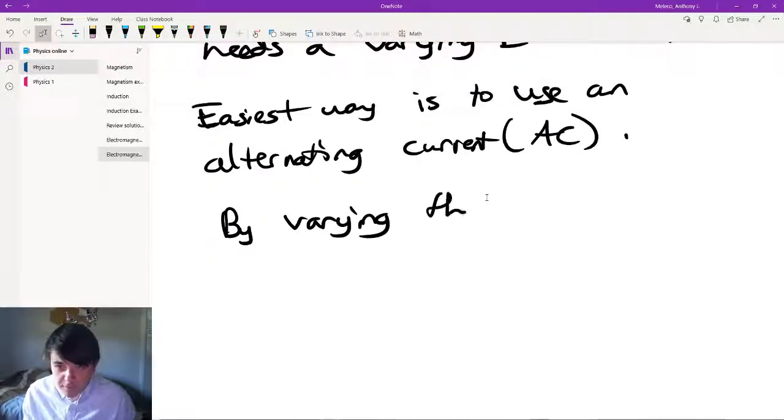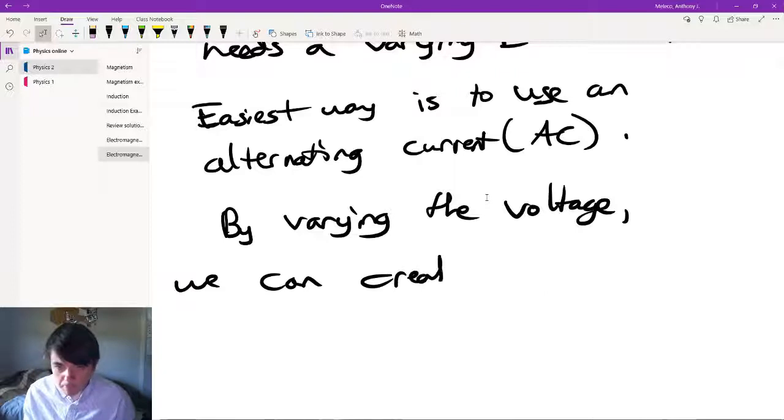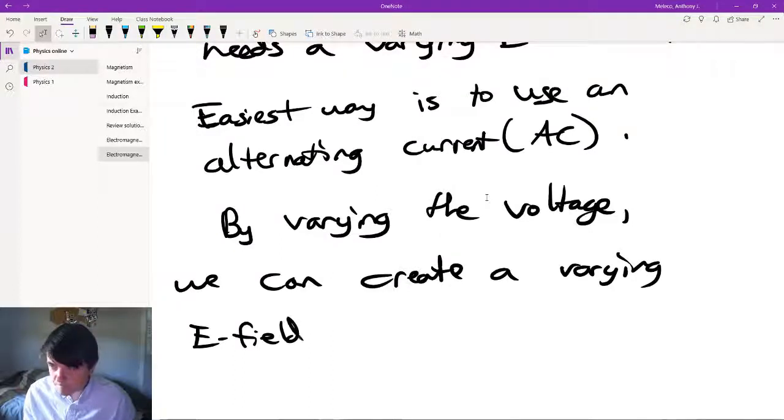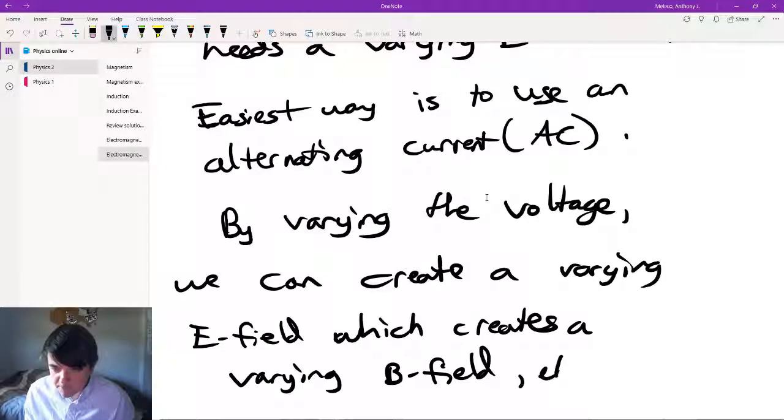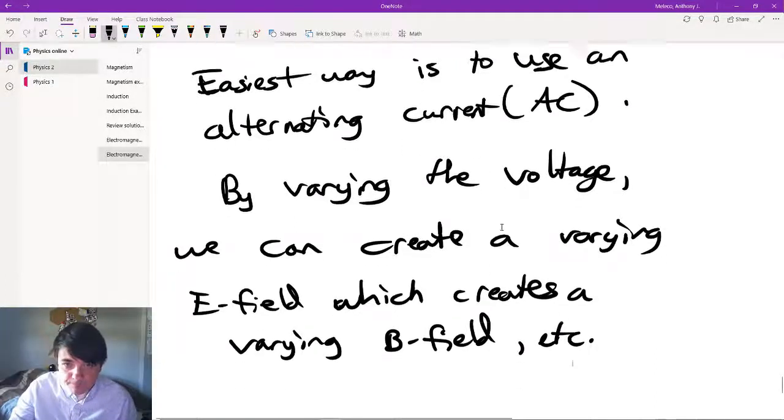So by varying the voltage, we can create a varying E field, which creates a varying B field, etc.